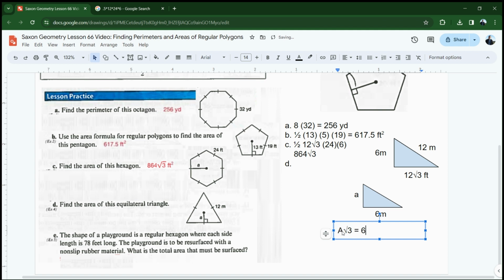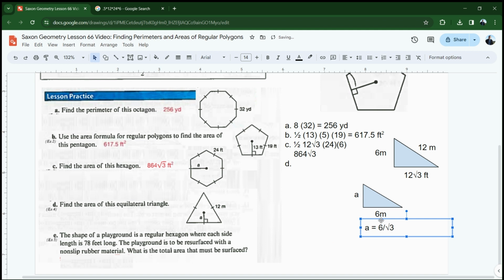Does that make sense? In a 30, 60, 90 triangle, if you multiply the short side by the square root of 3, you get the other leg. Or we could divide both sides by the square root of 3, and I get A on a side by itself. So the apothem is 6 divided by the square root of 3. That's good enough.